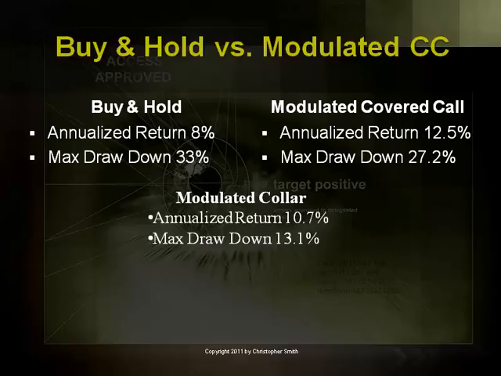But our max drawdown is almost a third of what the buy and hold was. All right, we're at 13% instead of 33%. So we really improved on the volatility, a much less volatile portfolio. And it beat the buy and hold.